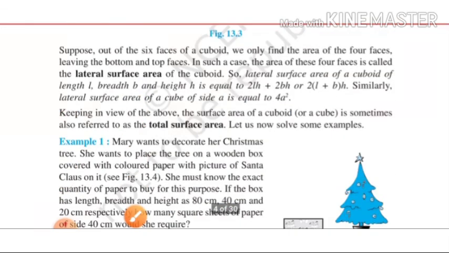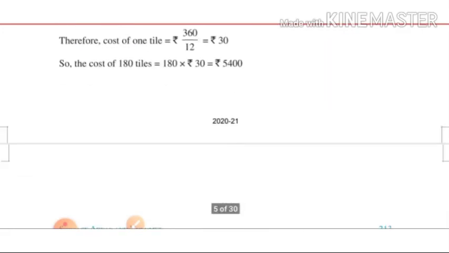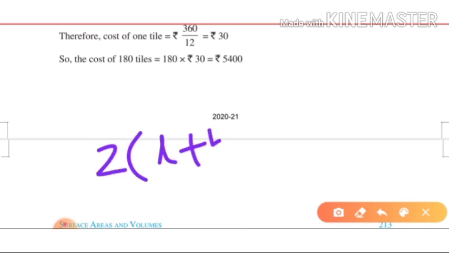So the lateral surface area will be 2 into (l plus b) into h, or whatever you have taken.